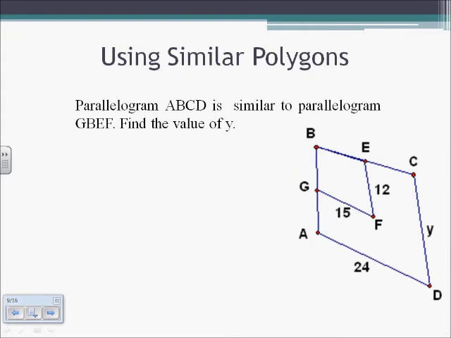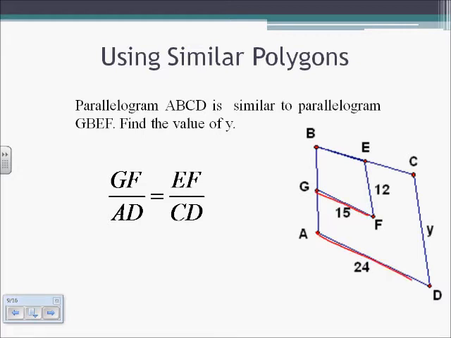Next example, similar type problem. Parallelogram ABCD is similar to parallelogram GBEF. Find the value of Y. So I have a parallelogram within a parallelogram. I can find a proportional relationship, GF over AD is equal to EF over CD.